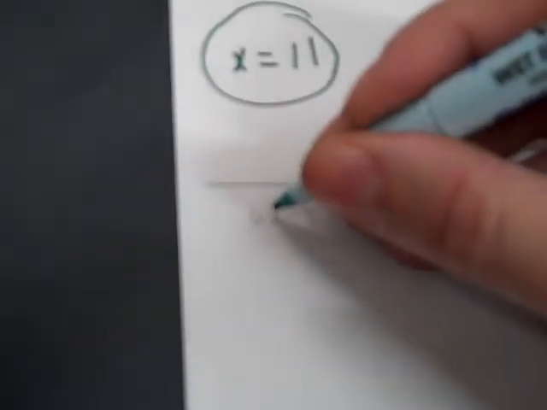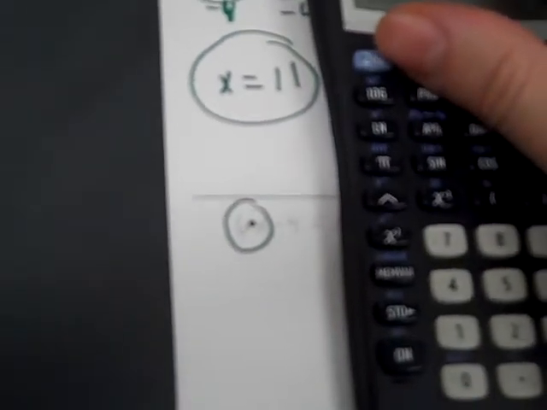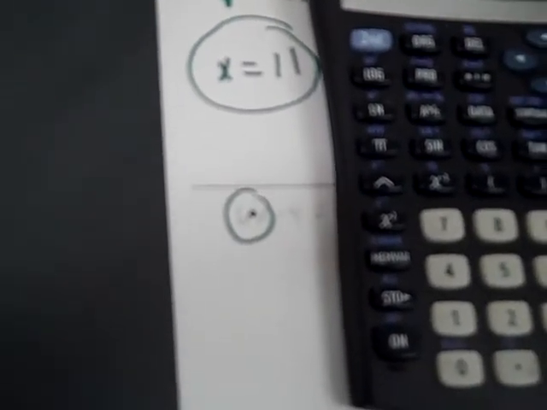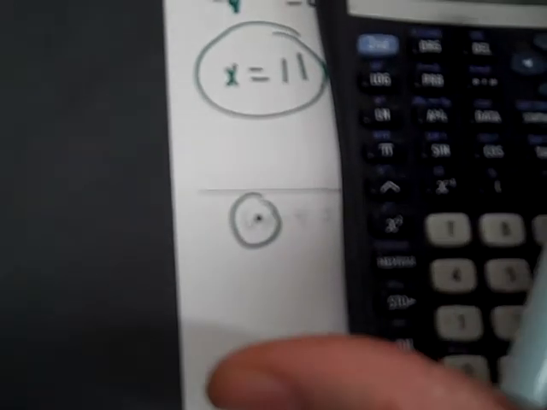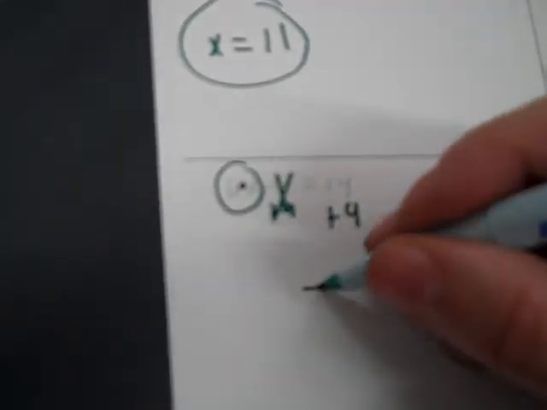Okay, my next one, I'm back to not having a fraction, so I find my x, the only one that's there, and dot it and circle it. And outside of that circle, I've got a minus 4, so I would want to switch that to adding 4, so plus 4, plus 4.